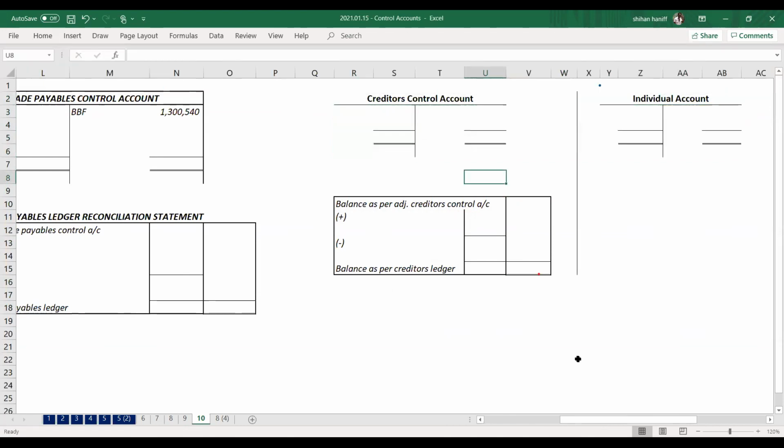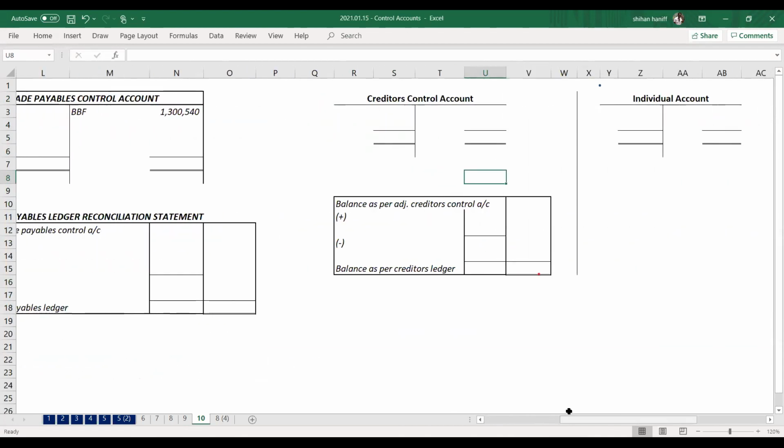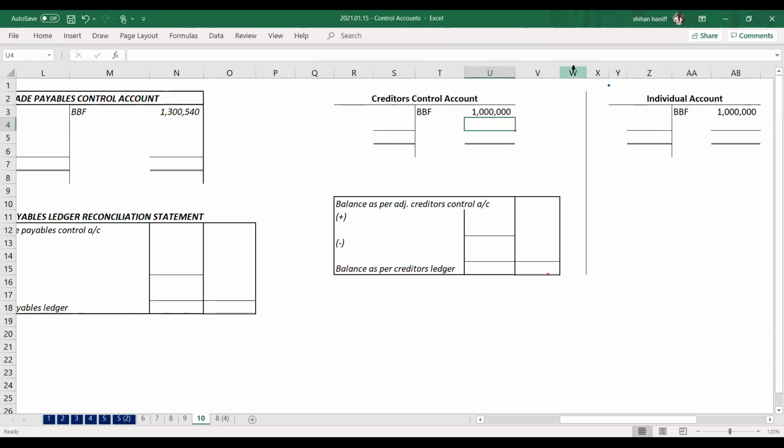Right. Difference is 123. So let's assume that both we have 1 million. The control account also 1 million.